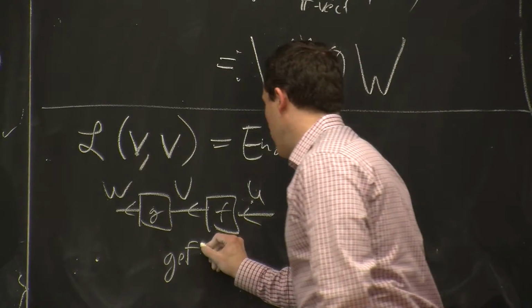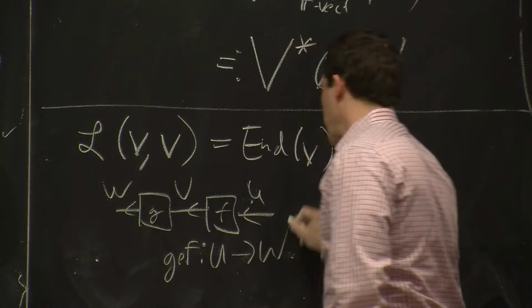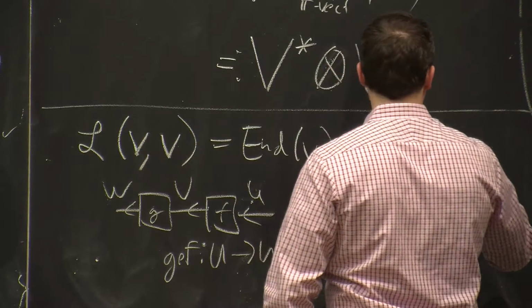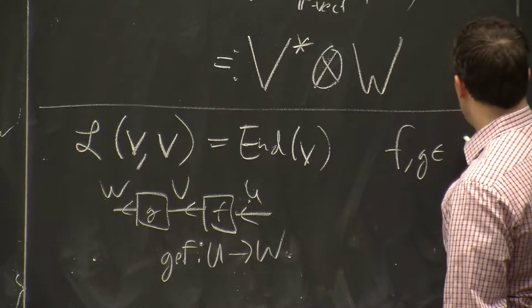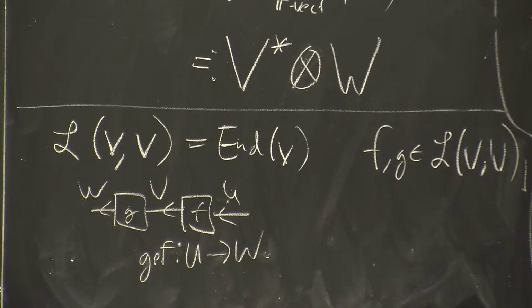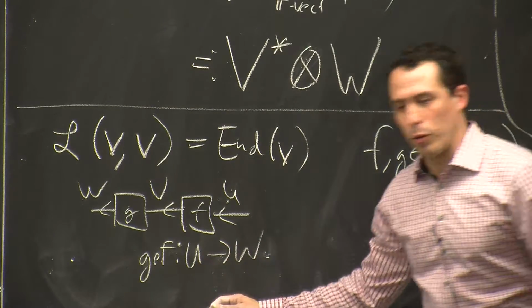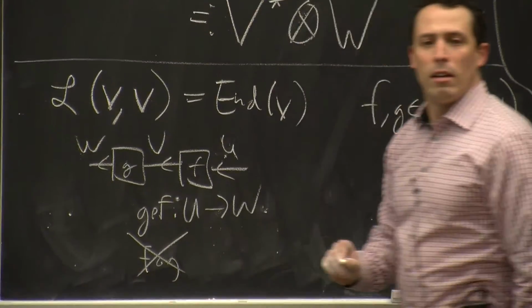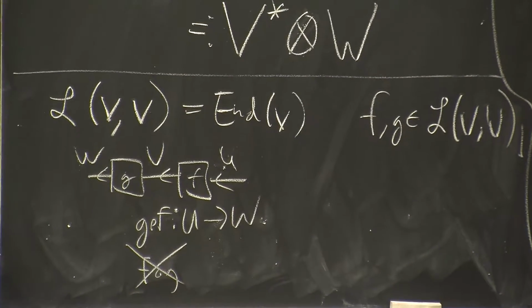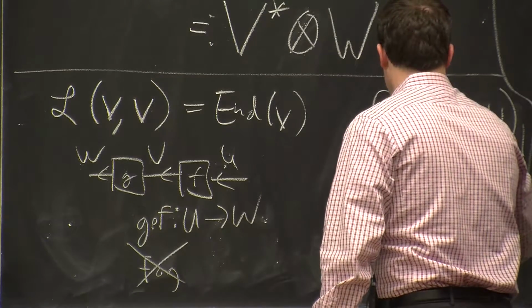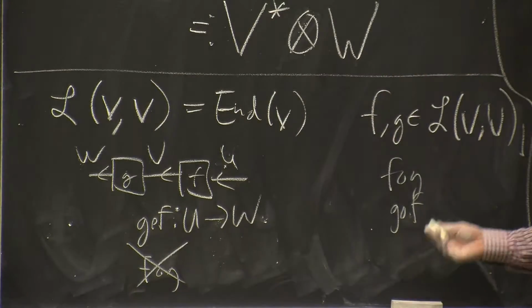And it goes from U to W. If I have two functions, F and G, inside of L(V, V), so functions from V to itself, then those can always be composed in either order. So in this one, I can't compose the other way. F composed with G makes no sense because they don't match up in the middle. Here, I can go either F composed with G or G composed with F, and either of those makes sense. It's fine.